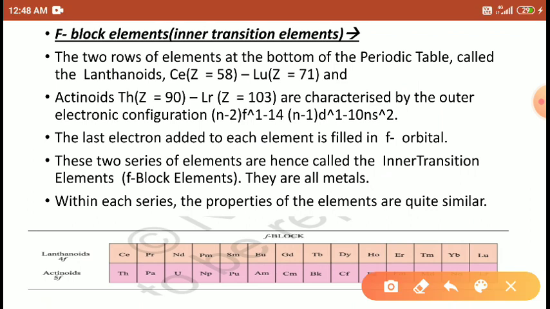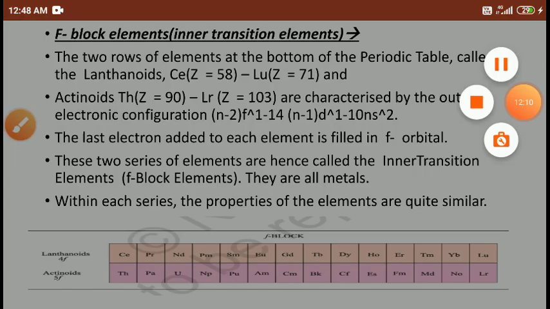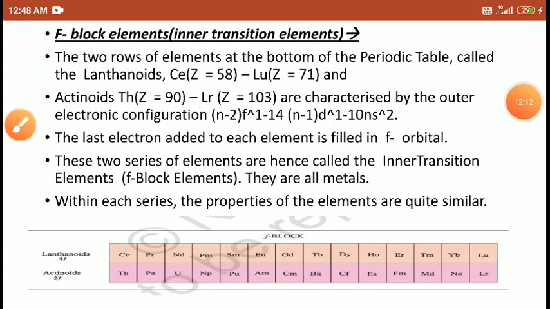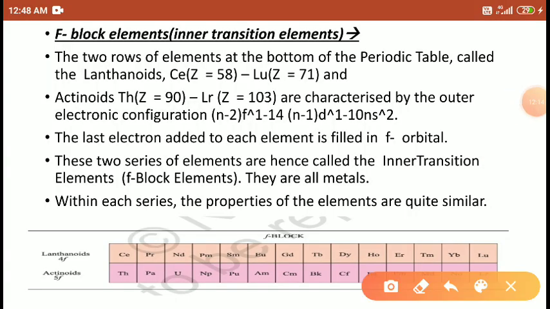Next are the f block elements. The two rows of elements at the bottom of the periodic table are called the lanthanides and the actinides. So there are two rows.